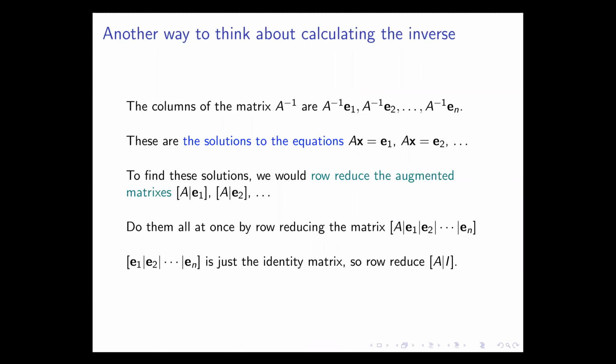So these are solutions of the equations Ax equals e1, Ax equals e2, and so on. To find the solutions, we would row reduce the augmented matrices, which have matrix A on the left and the vectors from the standard basis on the right. We can do them all at once by looking at this big matrix, A with e1, e2, e3, and en. And of course, we know that this is the same as the identity matrix.